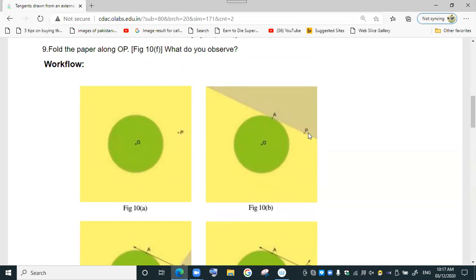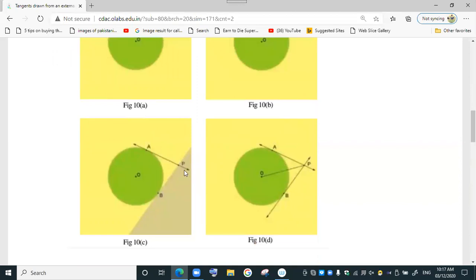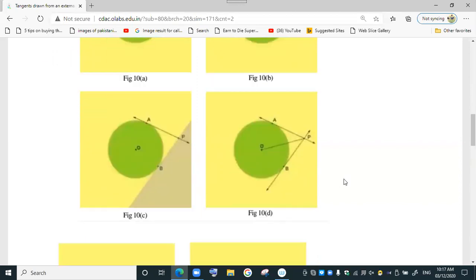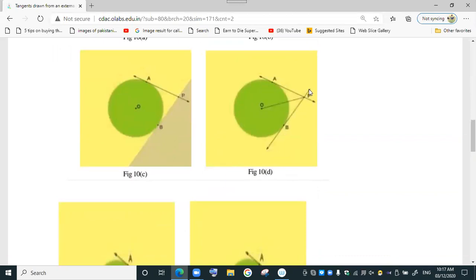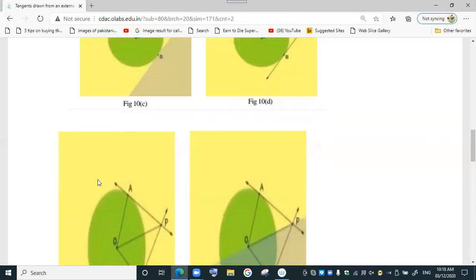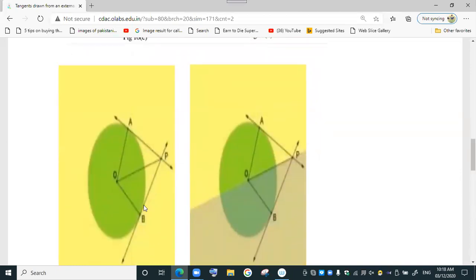Then make a crease. Fold the paper to make the crease so that it touches the circle at point A, passing through P. Make another crease which touches at B and passes through P, and then make the lines joining OA, OP and OB.